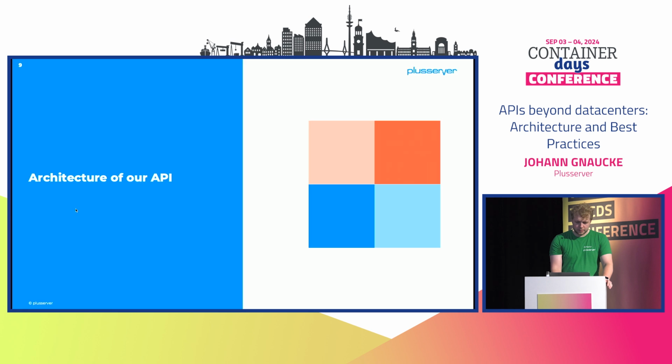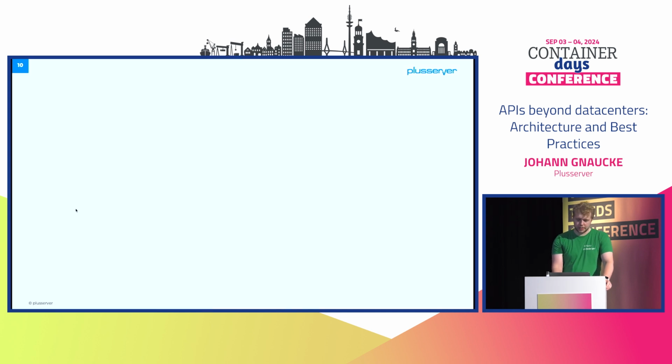So, the architecture of our API. I think we aligned the API somewhat with what a typical modern API design looks like. We have an API server that is largely stateless and just fetches information from a database when needed. We can scale the API server as we want.